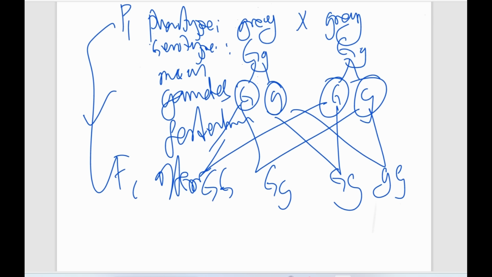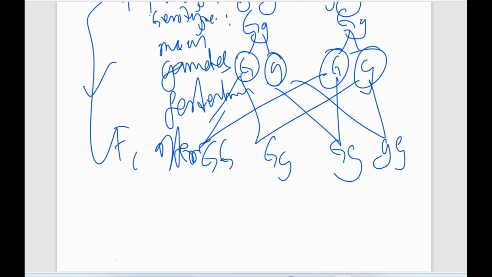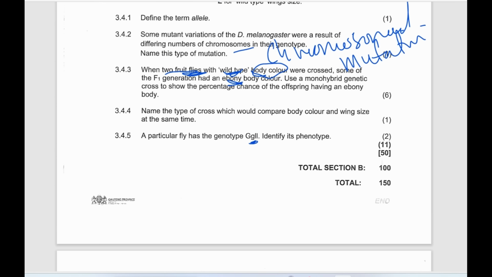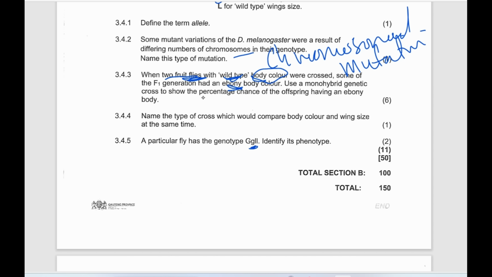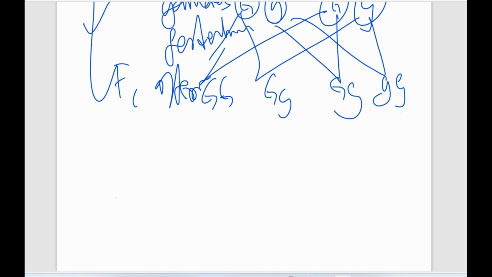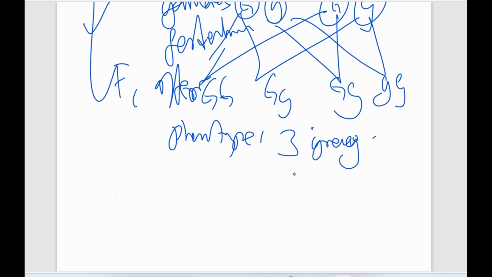So now we give you some ticks there, but the compulsory mark, since they say show the percentage chance of having ebony. The phenotype: 3 of them are gray, and 1 is ebony.